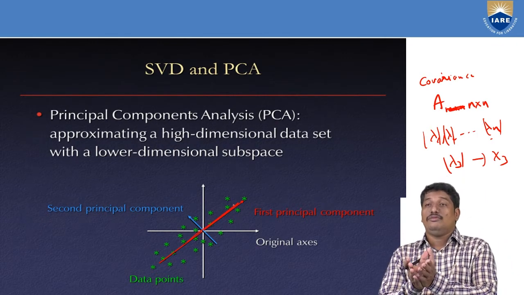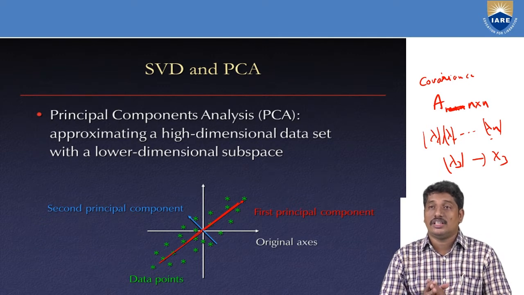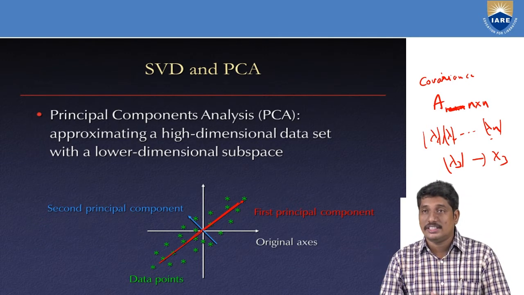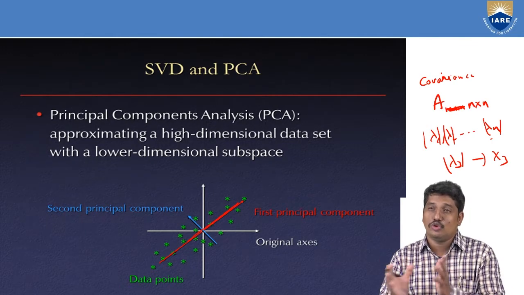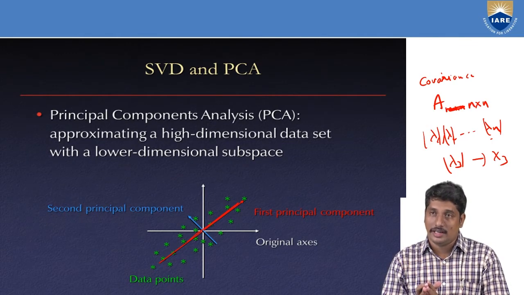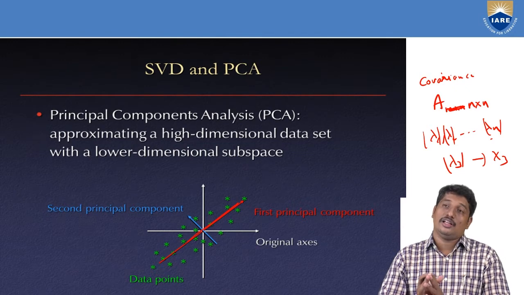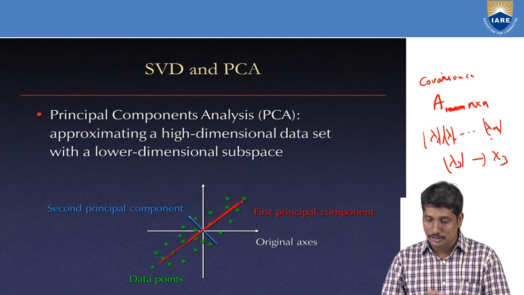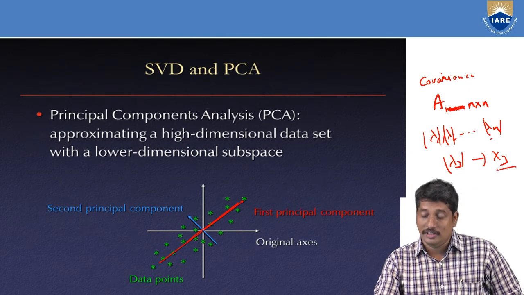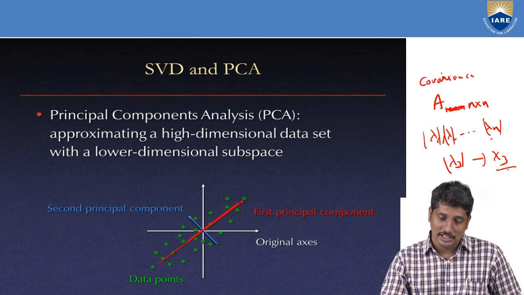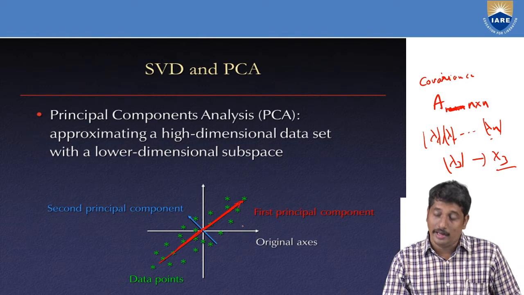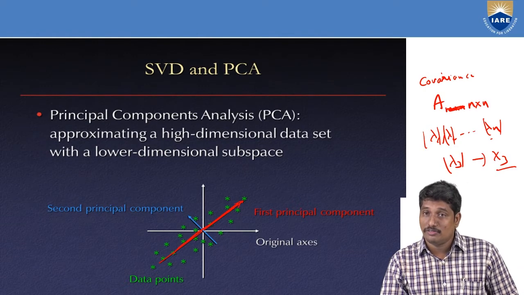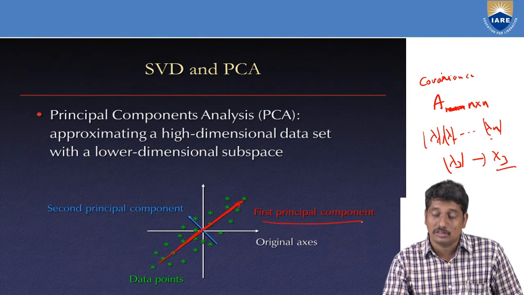The largest absolute eigenvalue gives us the eigenvector called the principal eigenvector, and the direction it represents, here this red line, is called the first principal component vector.